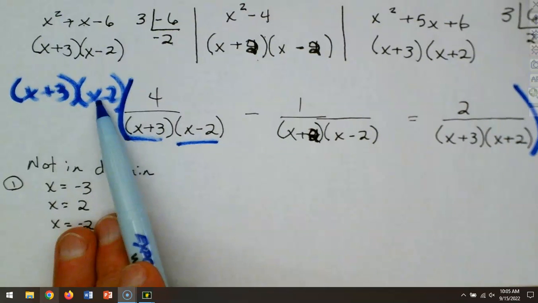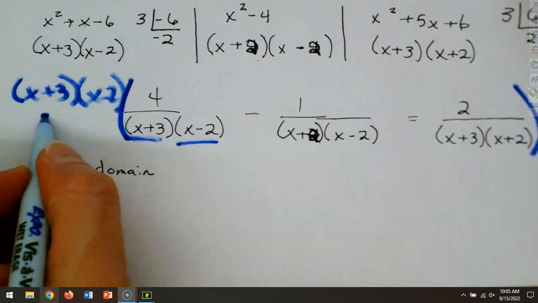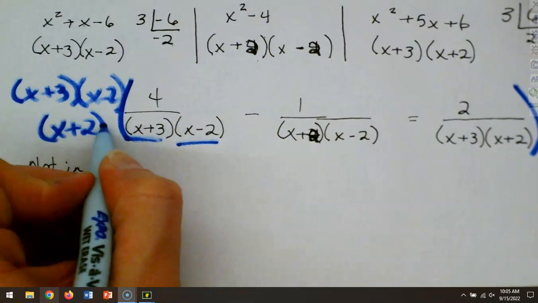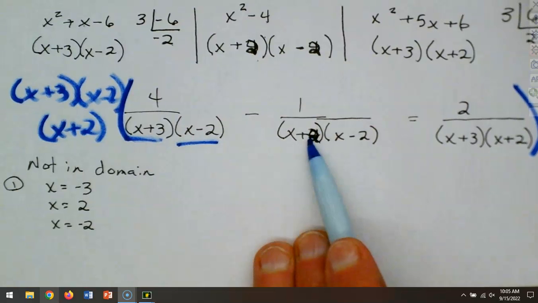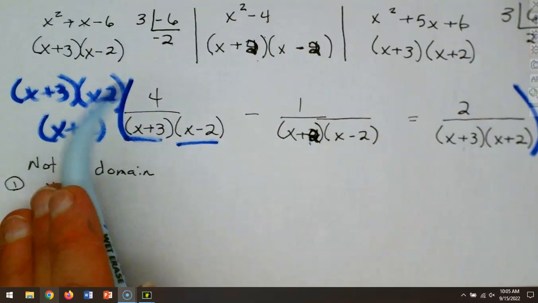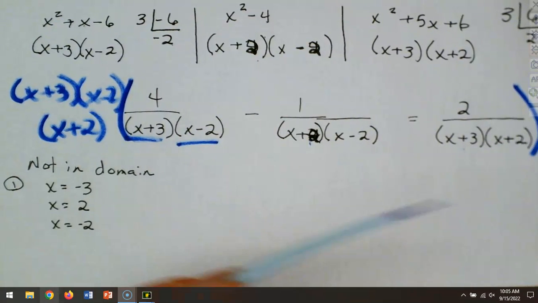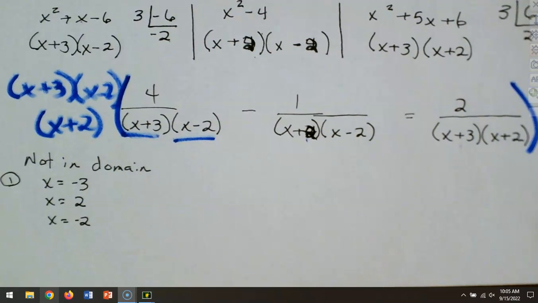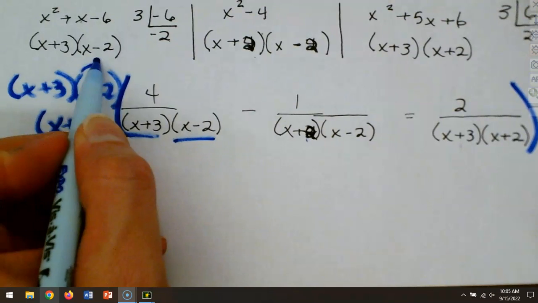Then I look over here. That x minus 2 is going to cancel there, but I also need to get rid of the other part, an x plus 2. Over here, the plus 3 and the plus 2 are already taken care of. So figure out what you need to clear out all the denominators.